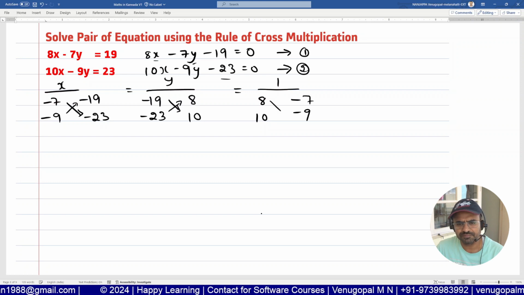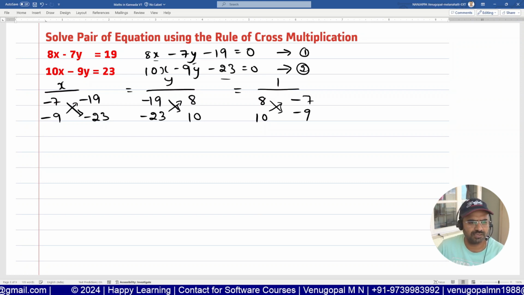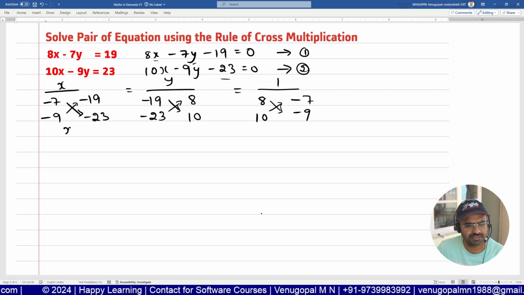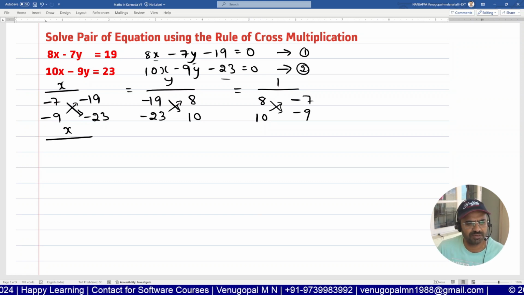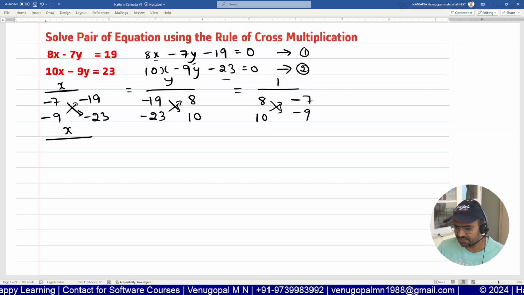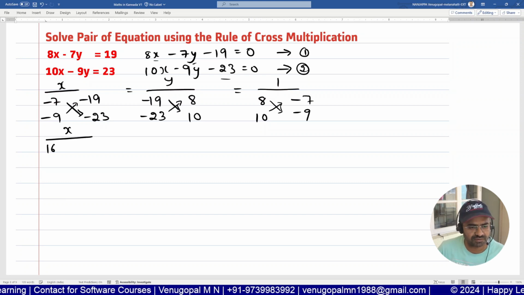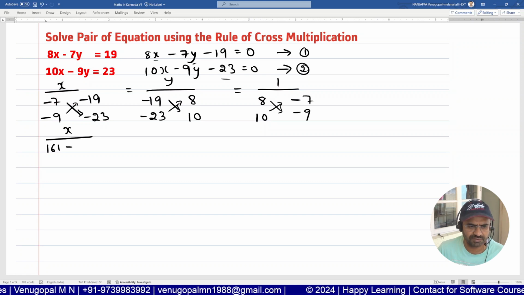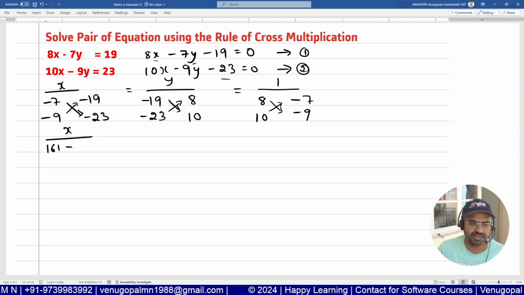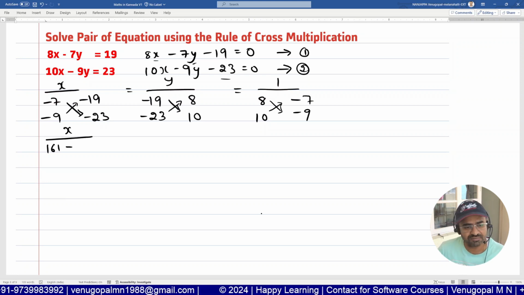So now if you have to write this, x divided by minus 7 minus, it will become plus 7 23s, it will become 161. You can do the simple calculation in your rough sheet, and minus into minus is plus, but when you are doing the multiplication from this side to this side, it will be minus only. So 9 19s would be 171.